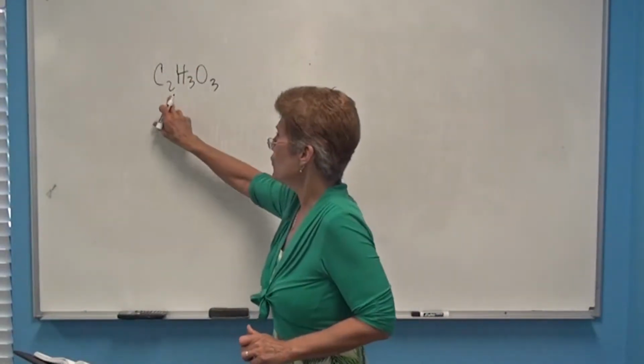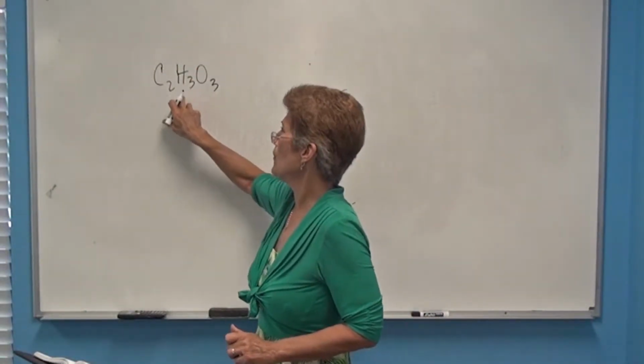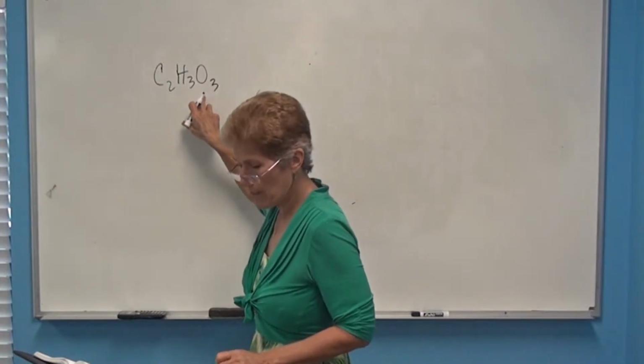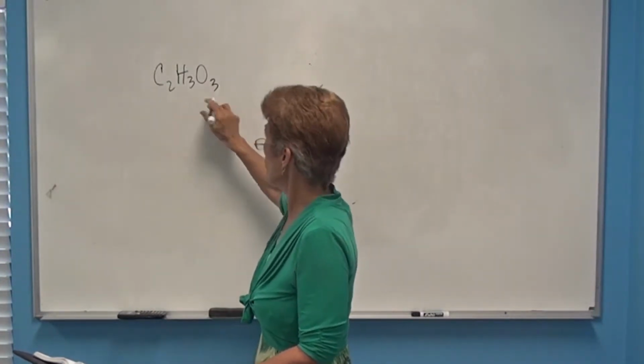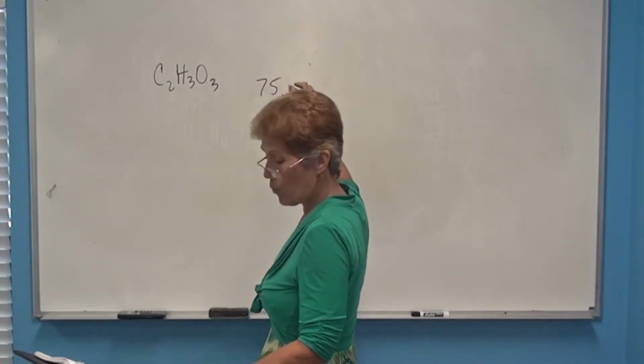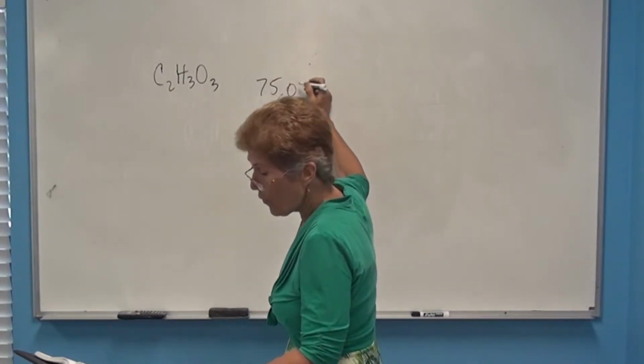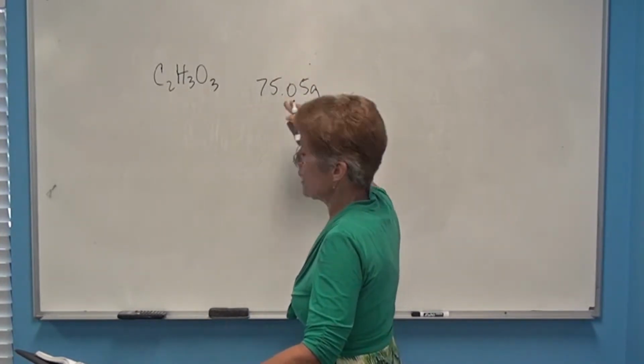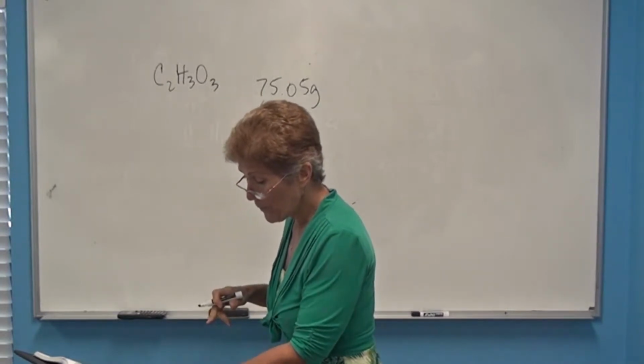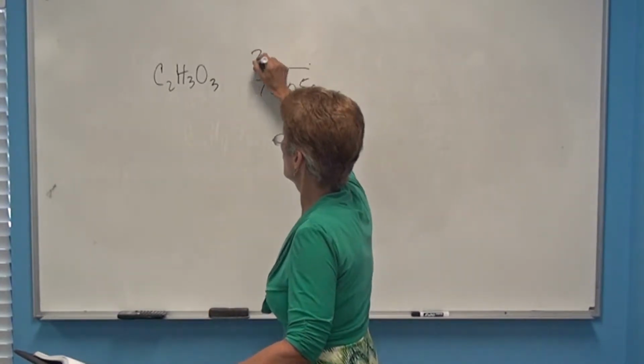Yep. 2 times 12.01, 3 times 1.01, 3 times 16.00, and that's going to give you a mass of 75.05 grams.